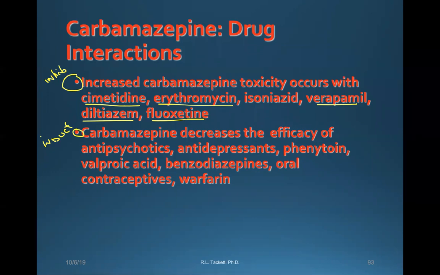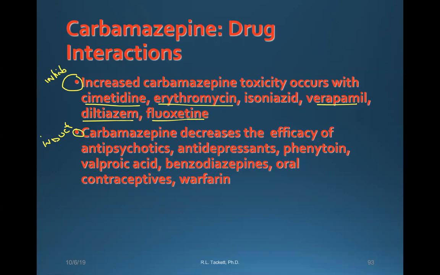So one of the things that may happen is it may cause antipsychotics, antidepressants, phenytoin, which is another anticonvulsant, valproic acid, benzos, oral contraceptives, even warfarin, their efficacy can be interfered with. One thing that we try to make sure people understand is sometimes they forget about oral contraceptives.